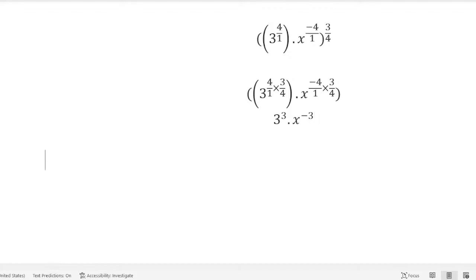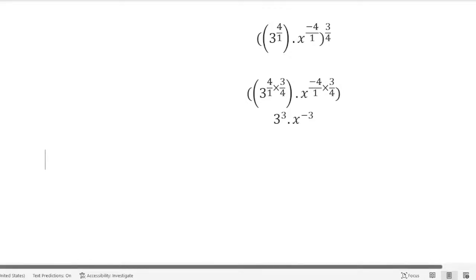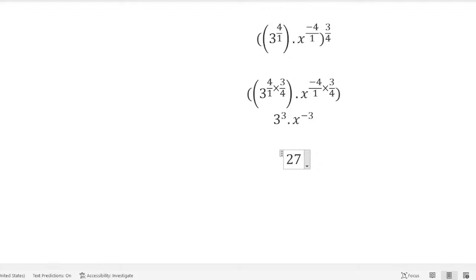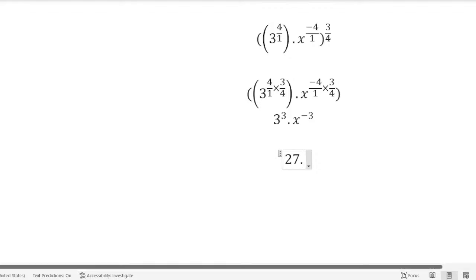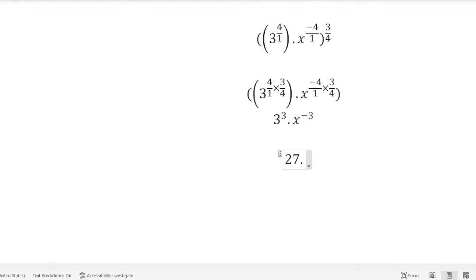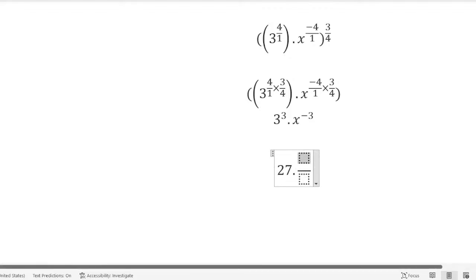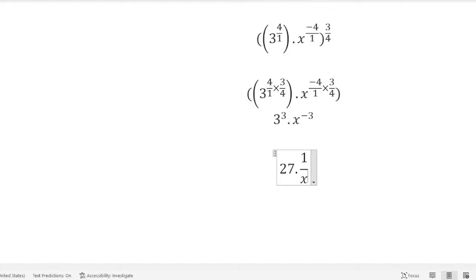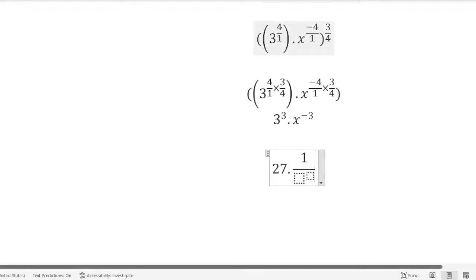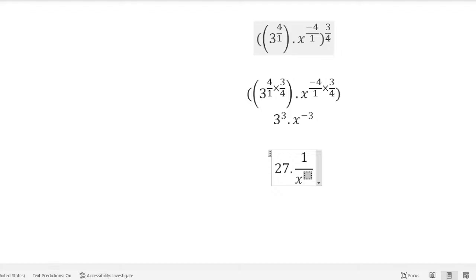So here we would say 3 cubed, that will be 27, times x to the power negative 3. x to the power negative 3 is the same as times 1 over x to the power 3.